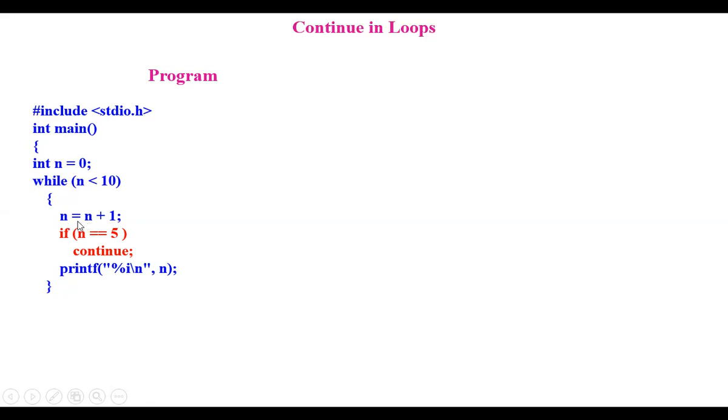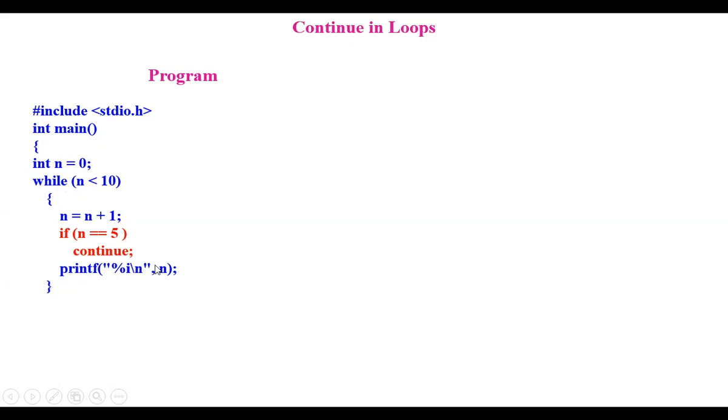n value has become 4 plus 1, that is 5, suppose. Then, if n is equal to 5, when n value has become 5, continue means it remains in the loop, but it won't execute the remaining statements in the loop.